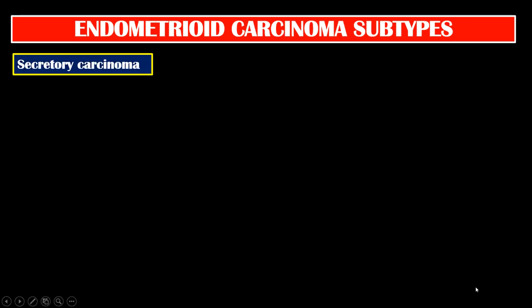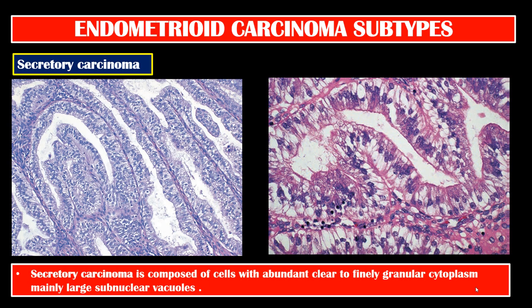Secretory carcinoma is composed of cells with abundant clear to finely granular cytoplasm, mainly large subnuclear vacuoles.